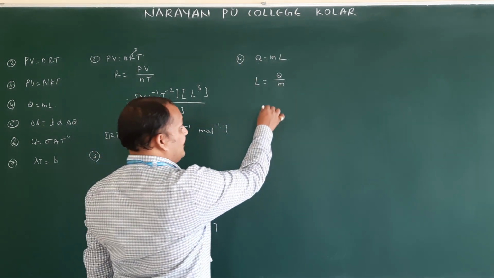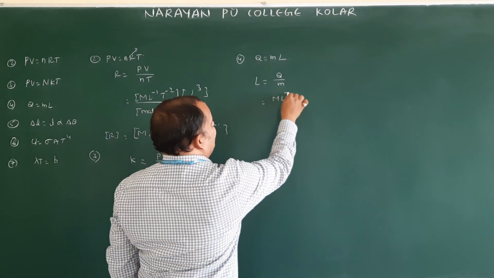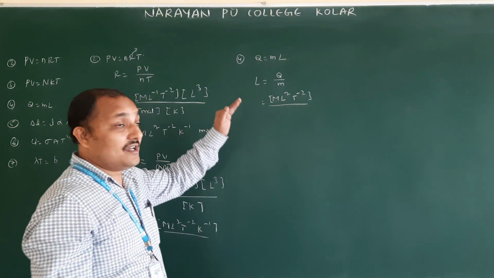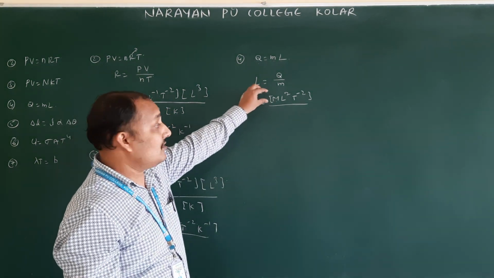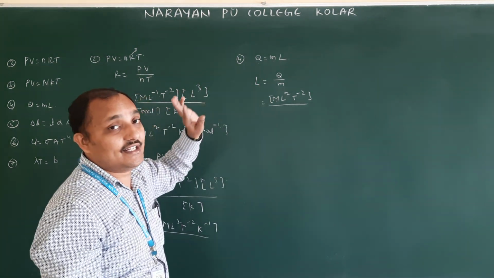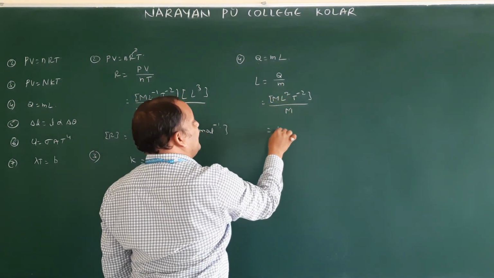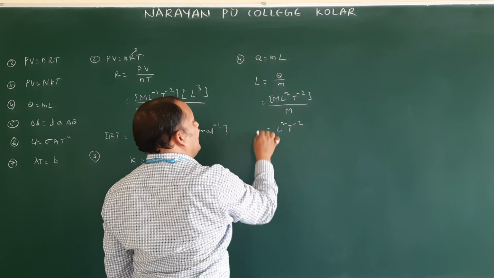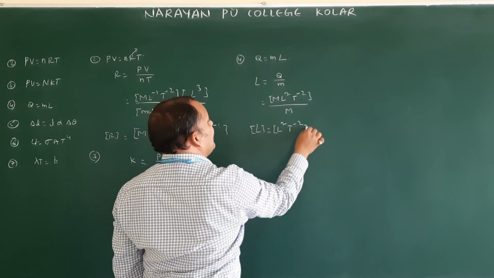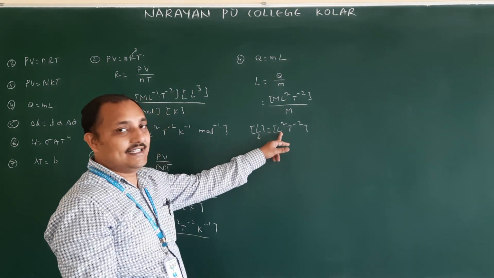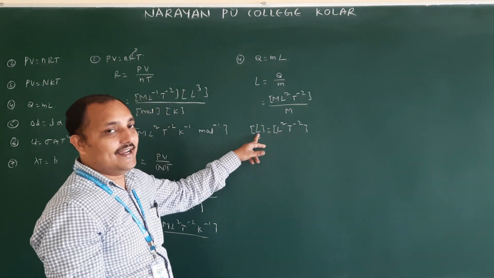What is the energy dimension formula? M L square T power minus 2. See, all these formulas we have to remember, so by remembering those, directly we are writing the dimension formulas. Mass M will be cancelled. L square T power minus 2. So this is the latent heat, not length. This capital L is different, that L is length. This capital L is latent heat.